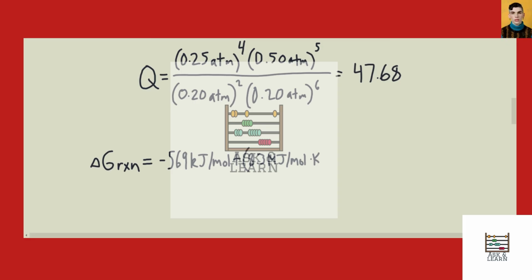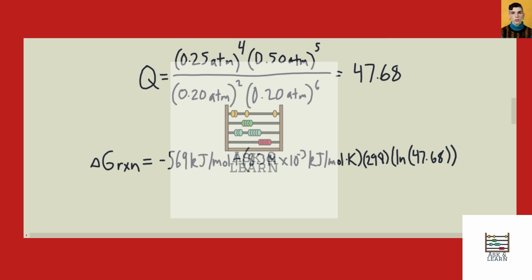And we are going to want to divide that by 1,000 so that we can get it in units of kilojoules. So times 10 to the negative third kilojoules per mole times Kelvin times the temperature of 298 Kelvin times the natural log of that reaction quotient that we just found to be 47.68.